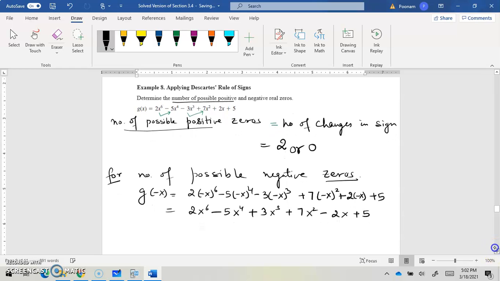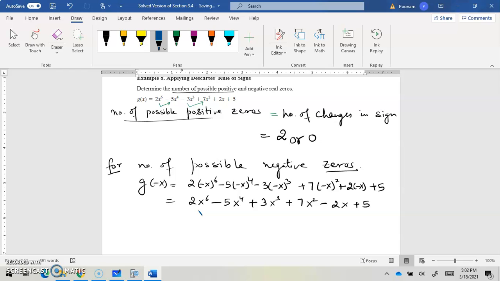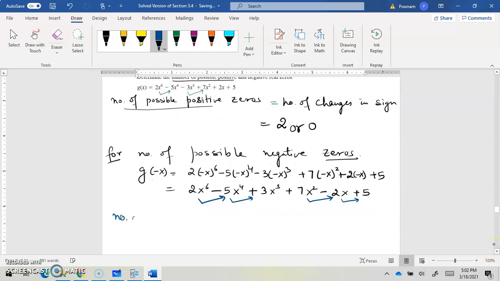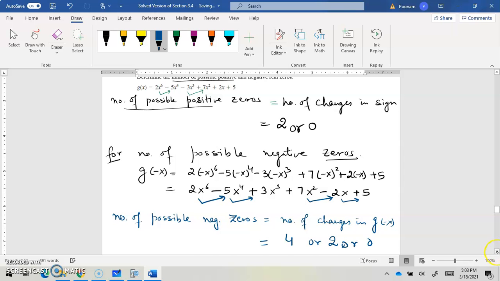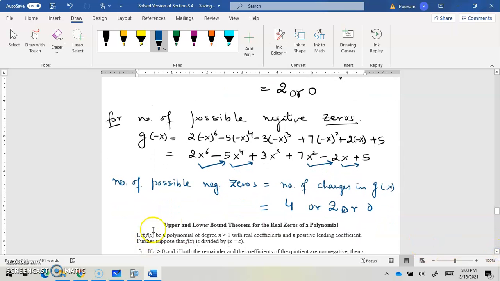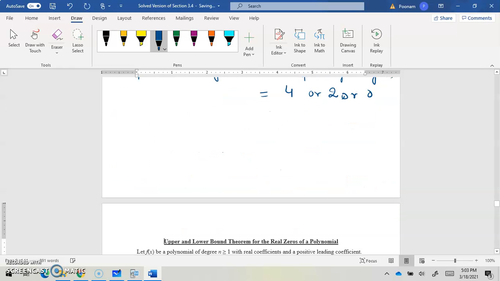Let's count number of sign changes in this. So 1, 2, no sign change, 3 and 4. So that means number of possible negative zeros is equal to number of sign changes in g of negative x, which is how many? 4, or even number less than that, 2 or 0. So that is the number of possible negative zeros of your given function.